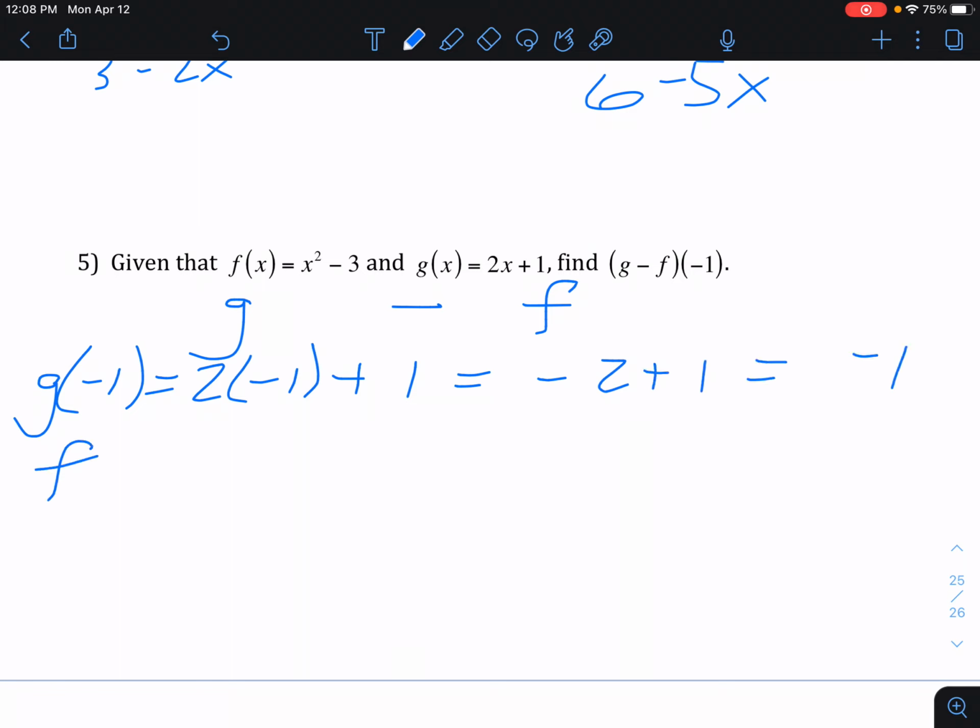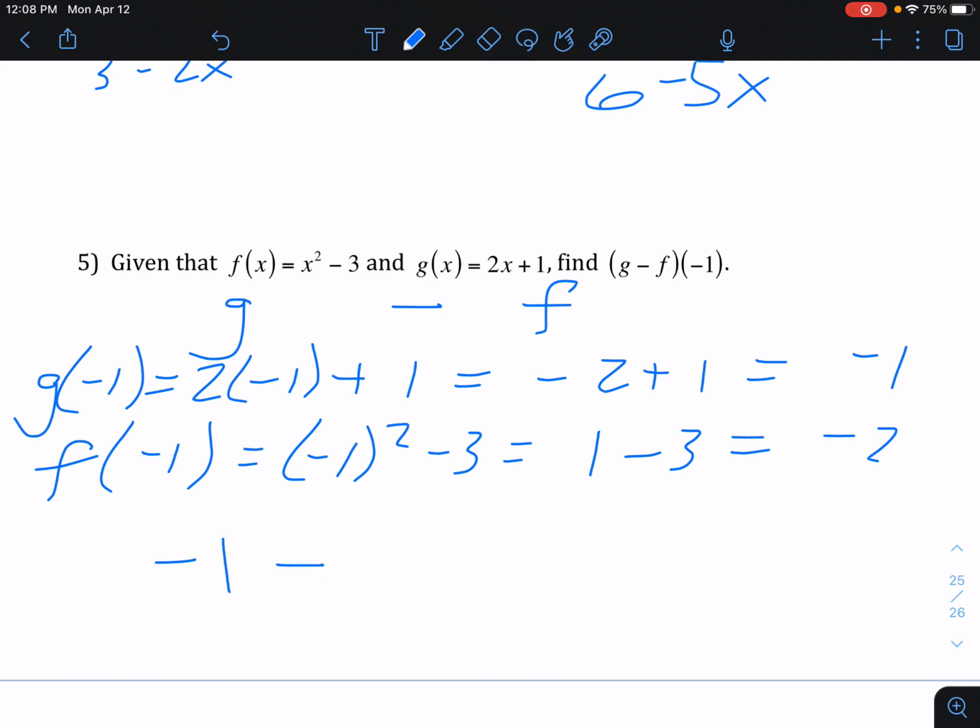And then the f of -1 is -1 squared minus 3. -1 squared is 1. 1 minus 3 is -2. So then we can do the g minus f. Here's g minus f. That, of course, changes to -1 plus 2, which is 1.